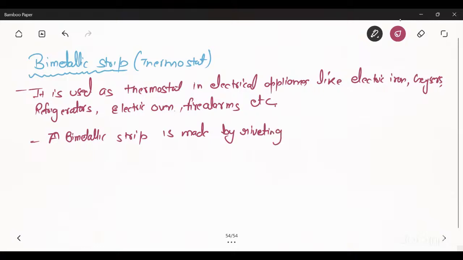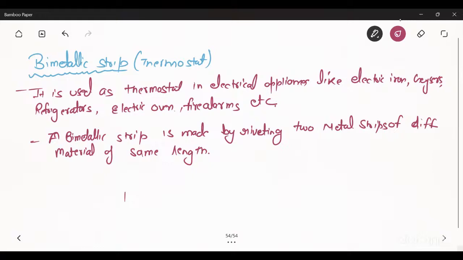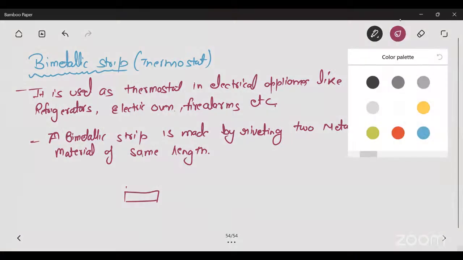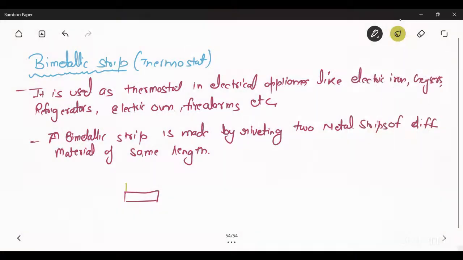Riveting means soldering two metal strips of different material but of the same length. Generally, the metals used are steel and brass. One is of brass and another is of steel. Suppose this is steel and this is brass.